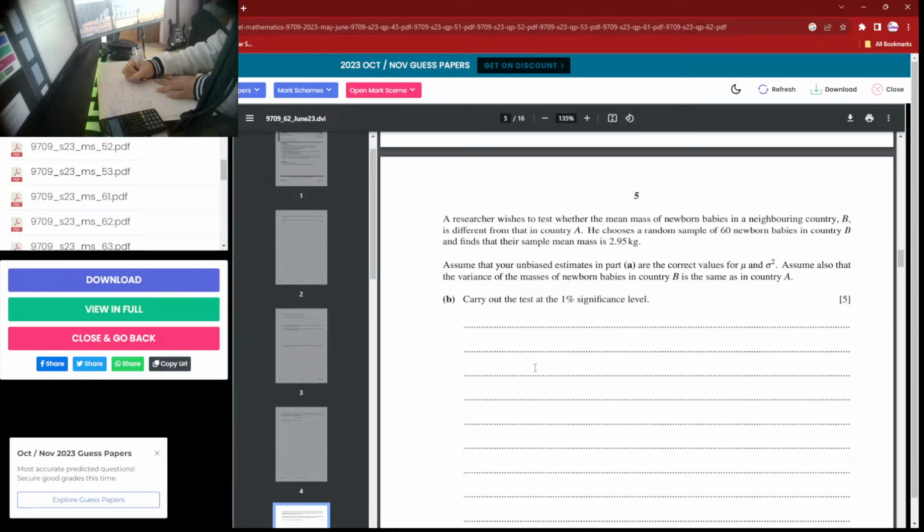Enough evidence to show that the mean mass of newborn babies in B is different from A.